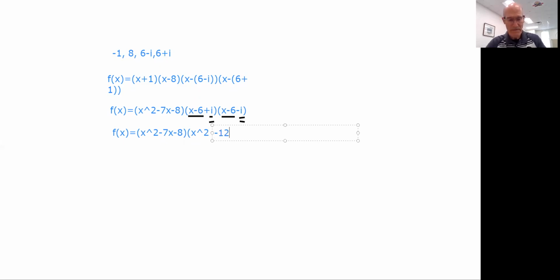Then you get plus the square of the last, which is plus 36, and then minus i squared. And remember, i squared is -1, so that's a minus.